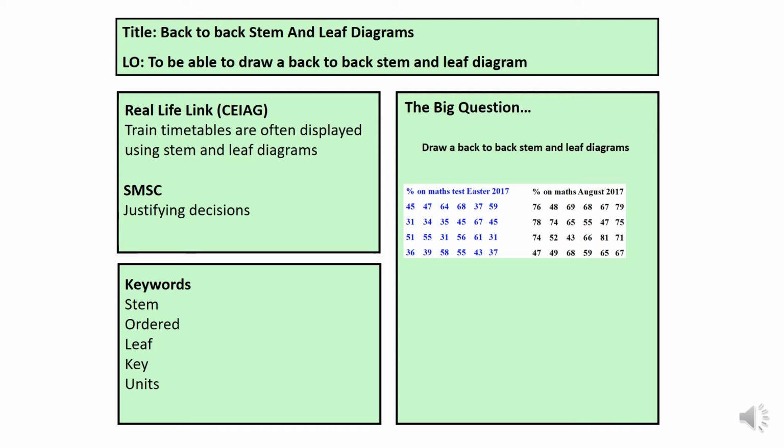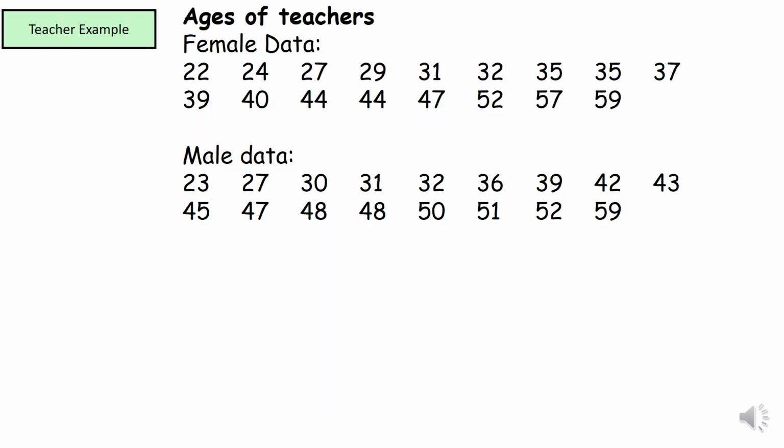Okay, let's start. If you have two sets of data and you want to put them in a stem and leaf, there is a special type of stem and leaf diagram that you can use for two sets of data. That is called back-to-back stem and leaf. That helps you to compare the data for two different sets.